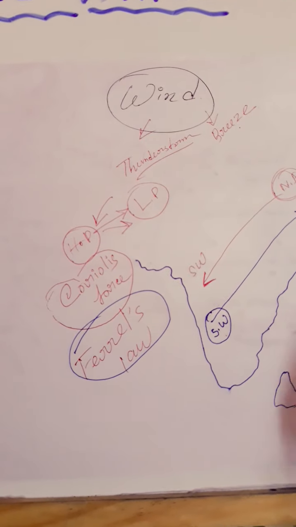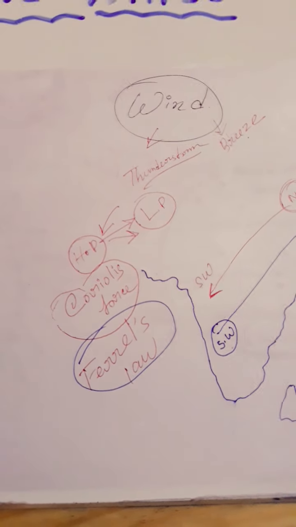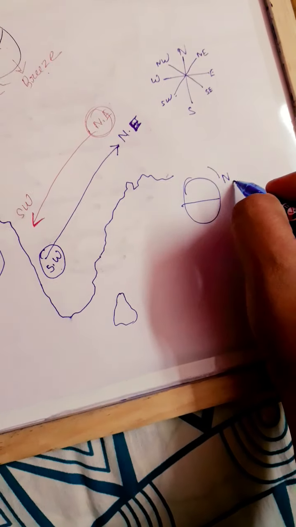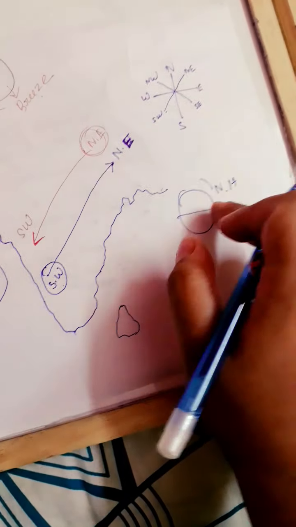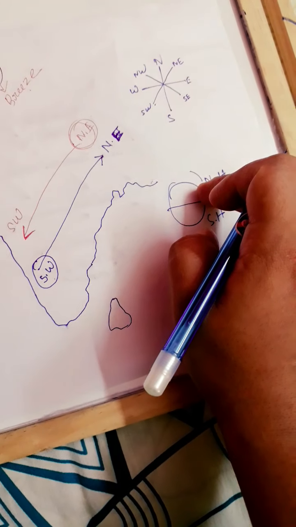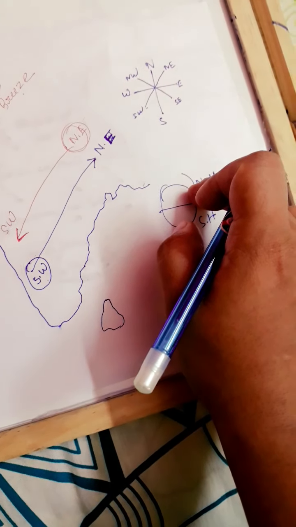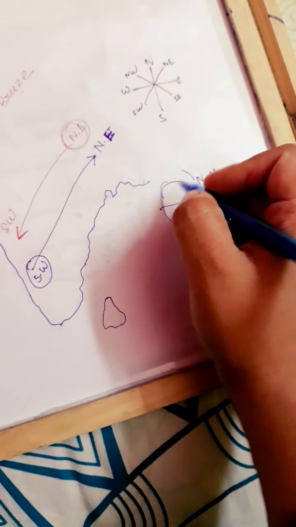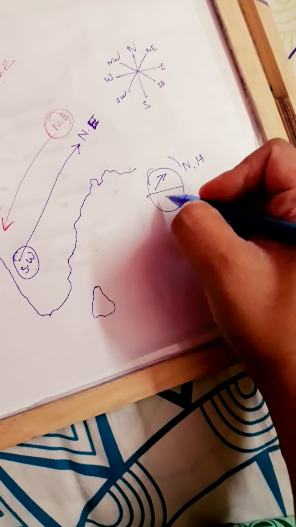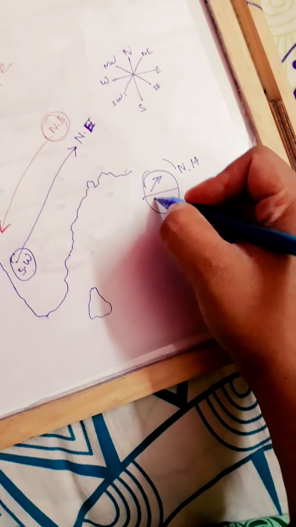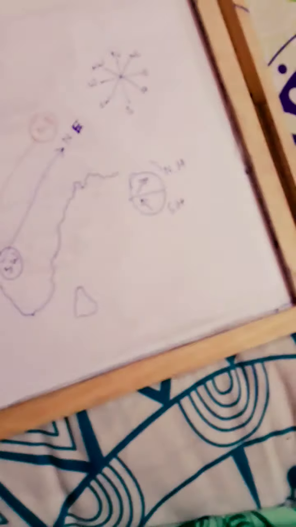Suppose, you know that this is the northern hemisphere and this is the southern hemisphere. In the northern hemisphere the winds are always deflected to the right side, and to the left side in the southern hemisphere.